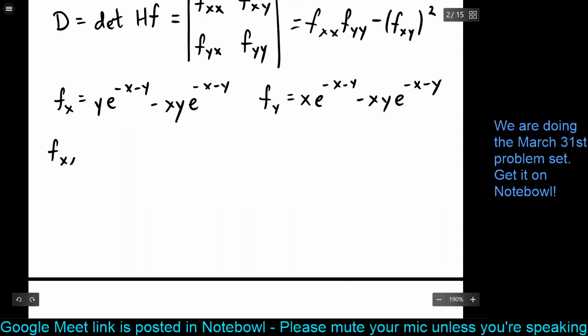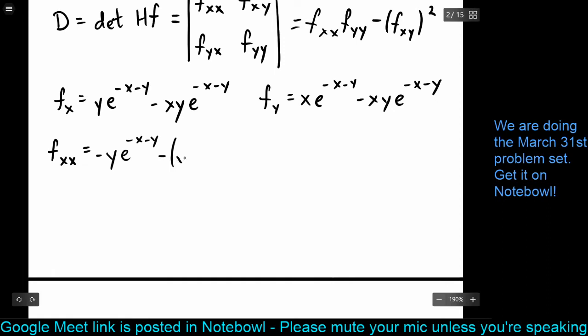So I have fxx. So derivative of this first part with respect to x, only this second part matters. So we just get this. Now this one's going to be another product rule. But the nice thing here is this is just the original function.